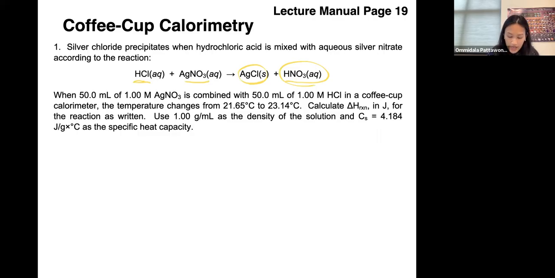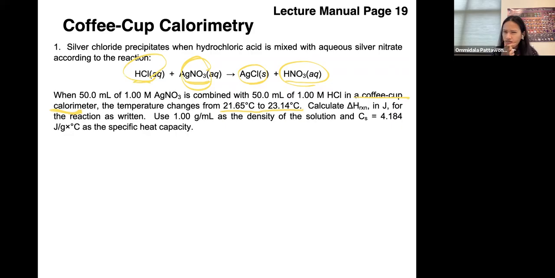It tells you that when 50 milliliters of 1 molar silver nitrate is combined with 50 milliliters of 1 molar hydrochloric acid in a coffee cup calorimeter, the temperature changed from 21 to 23.4, so the temperature increased.